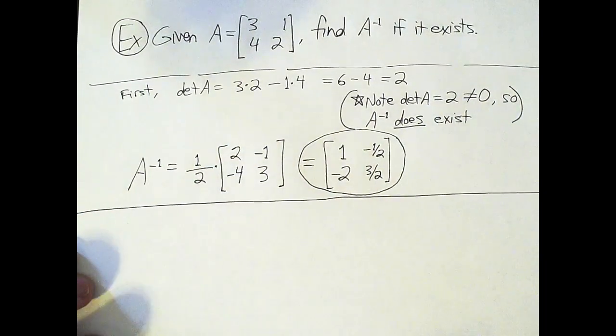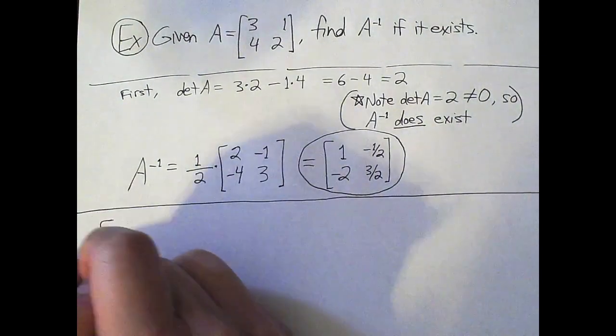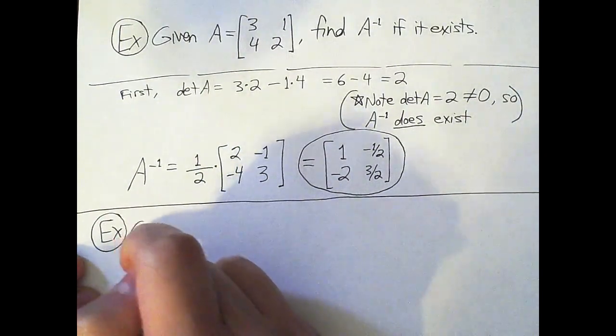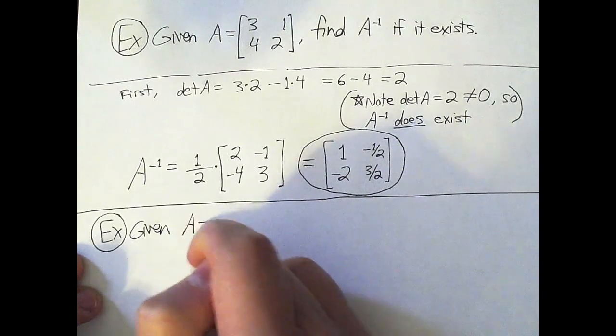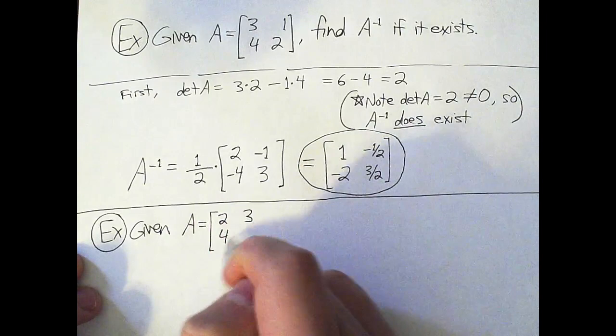So how about I give you a couple of problems to try? All right, you are going to be given 3 matrices. A equals [2, 3; 4, 5].